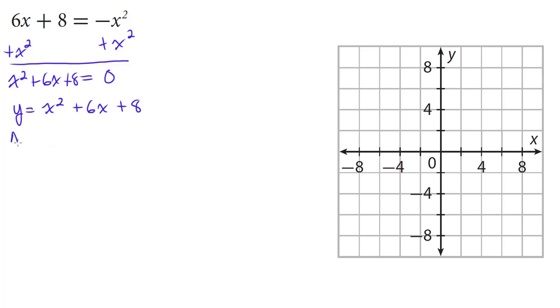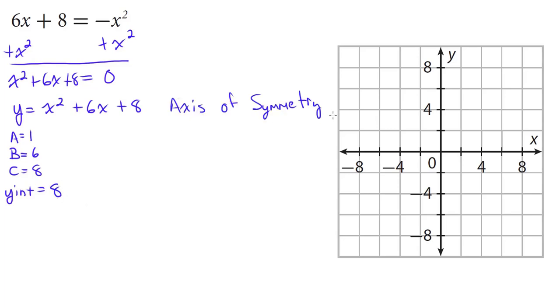So now let's go ahead and identify our a, b, and c values. Our a value is 1, our b value is 6, and our c value is 8. That tells us that our y-intercept is also 8. Now let's go ahead and find our axis of symmetry, which is the x value of our vertex. Remember, we use x equals -b over 2a. So set this up with my parentheses.